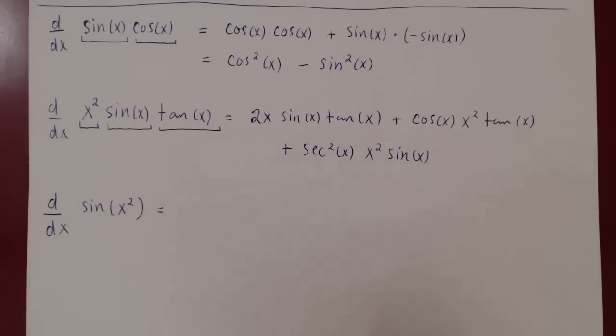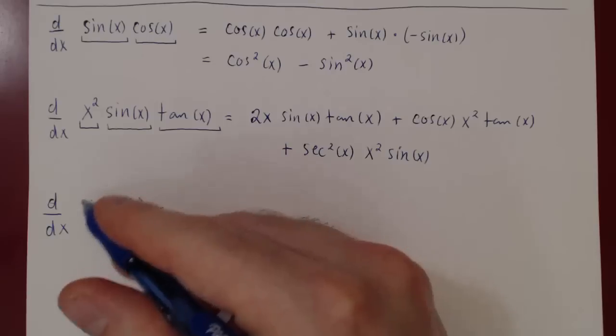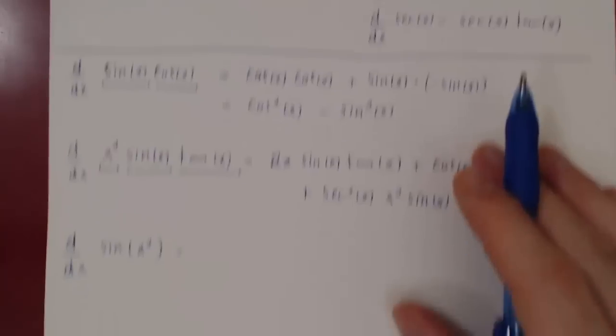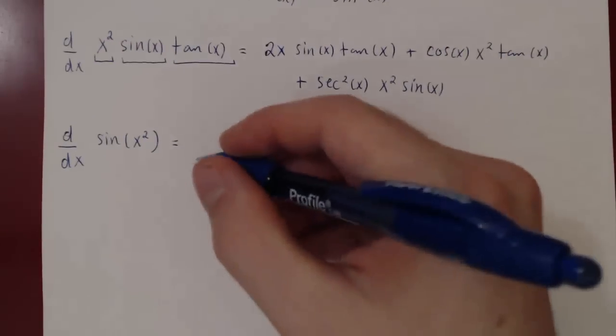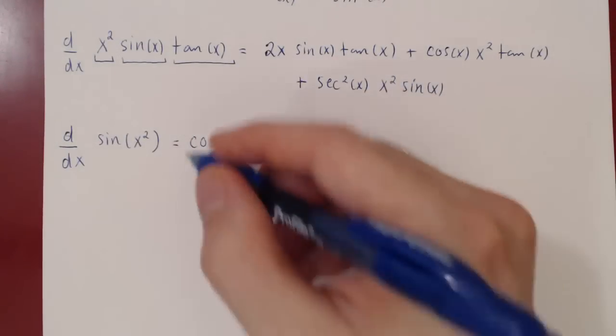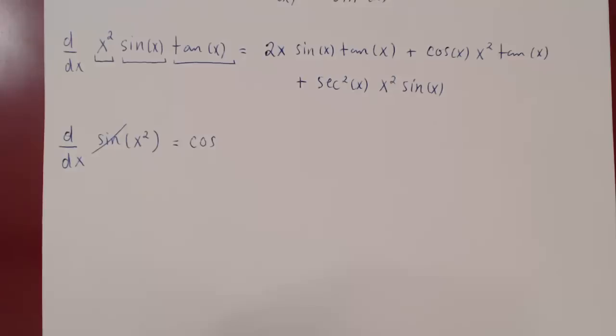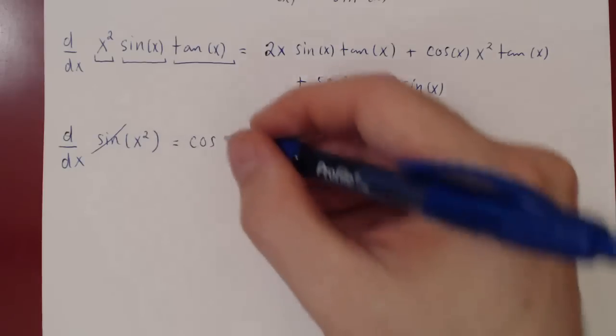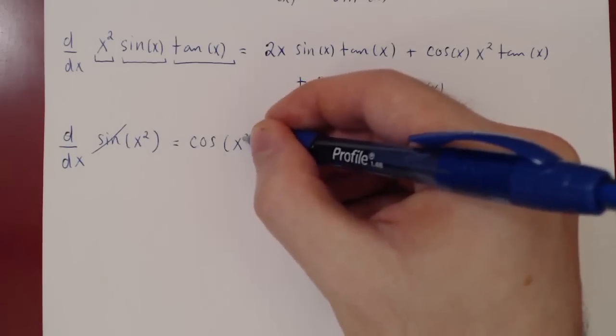So the chain rule says differentiate the outside function. The derivative of sine, if you remember, is cosine. So we'll have here the derivative of sine is cosine. We differentiate sine, cross it off, it's gone. Cosine of what? Of whatever is left over, which is x squared.